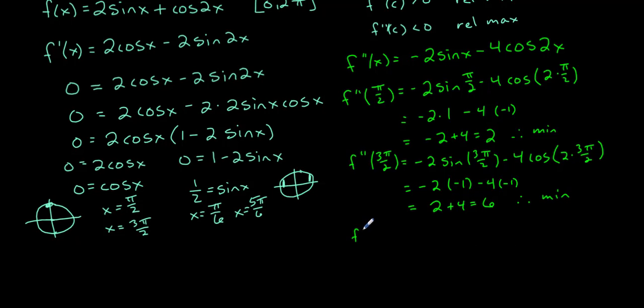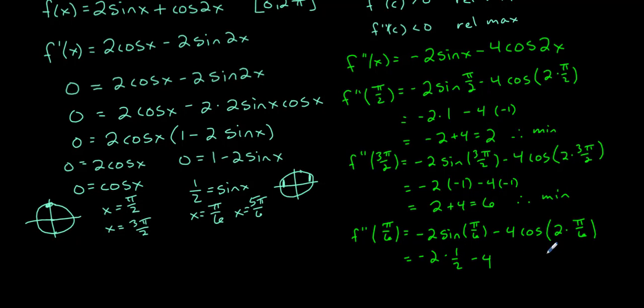Second derivative, evaluate at the third value, which was pi over 6. Negative 2 sine pi over 6 is half, minus 4 cosine pi over 3, which is half. That'd be negative 1 minus 2, which is negative 3. Second derivative is negative, means concave down, which means f of x has a maximum.